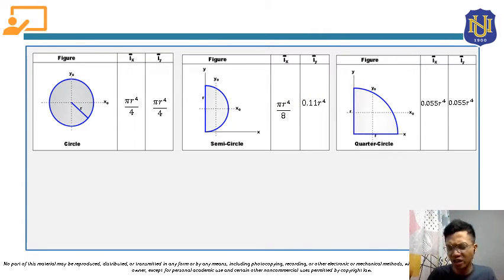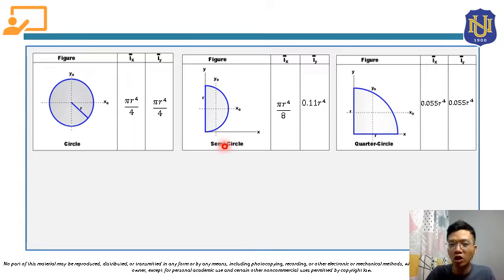So you will not have a lot to memorize. There's another method to solve that without memorizing it. We will just use the x and y centroidal moments of inertia to solve for the moment of inertia with respect to this x-axis and this y-axis. We will discuss that in our next topic or succeeding slides.